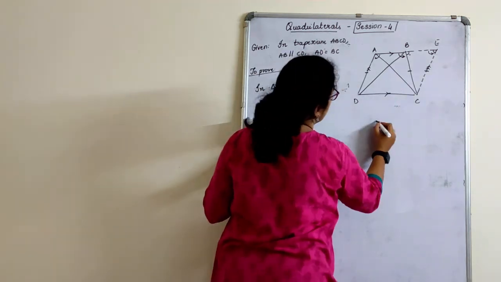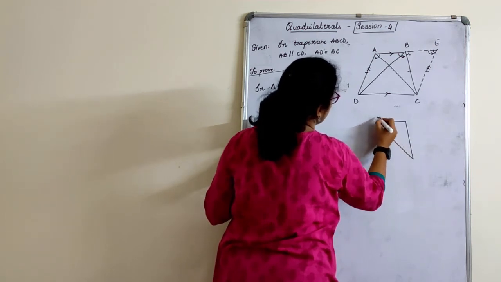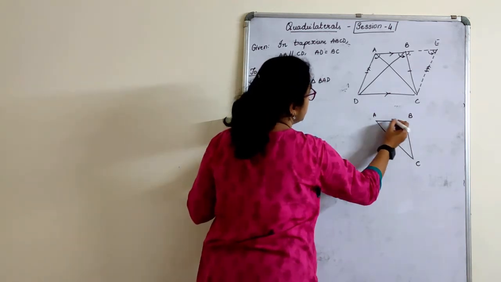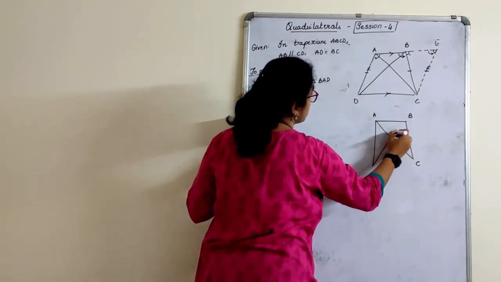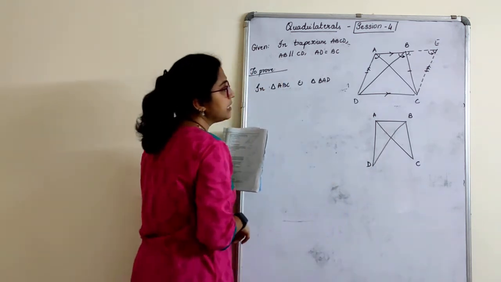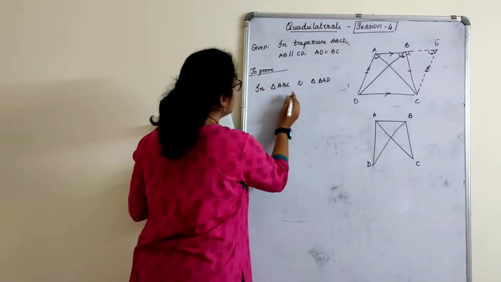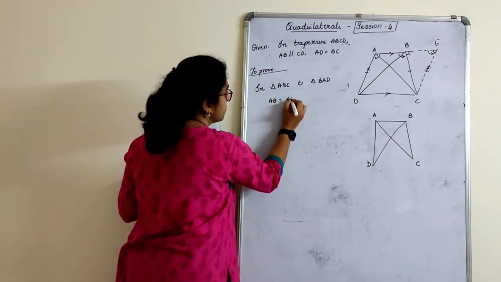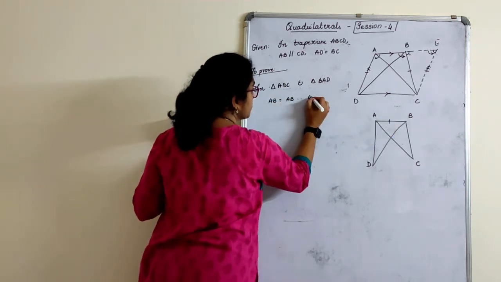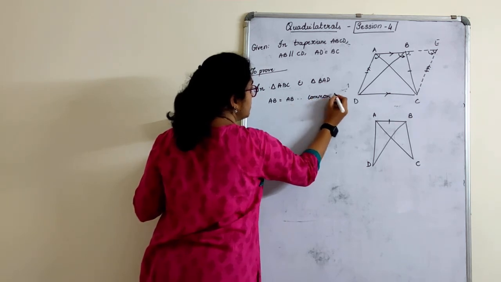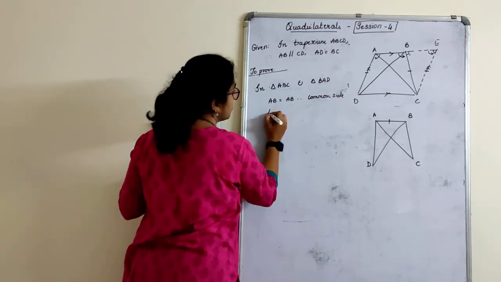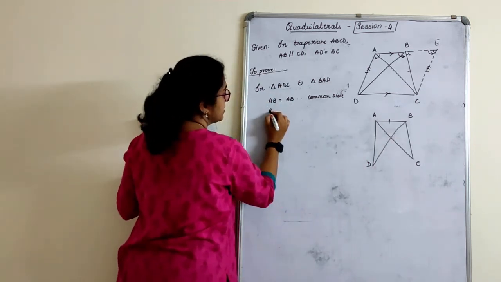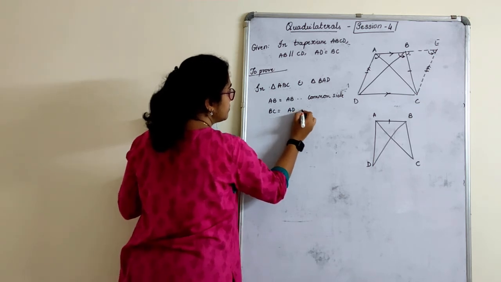In triangle ABC, so this is A, this is B, and this is C, and BAD, and this is D. These are the two triangles what they have asked here. So what we can write first of all, AB is equal to AB. Common side. ABC we have chosen, no? I have to first write here BC, this side. BC is equal to AD, given.